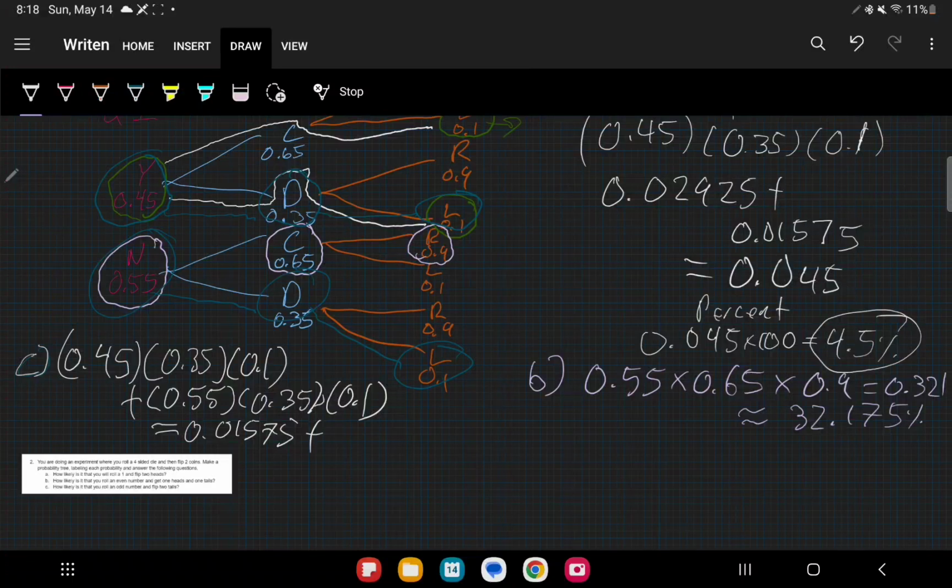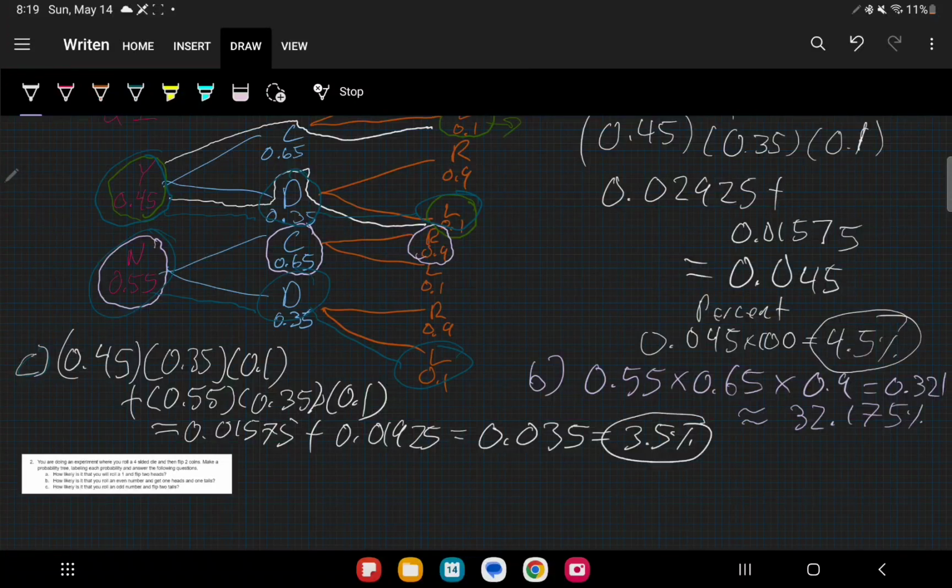So make sure you multiply, not add. And we get 0.01925. Add those together, and we get 0.035, or that's about 3.5%. So those are your three answers.